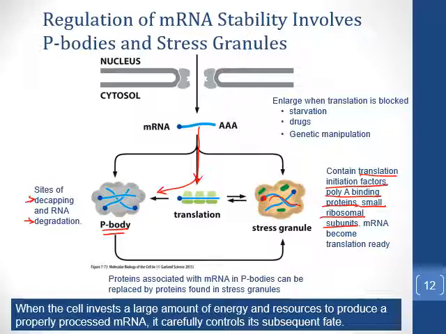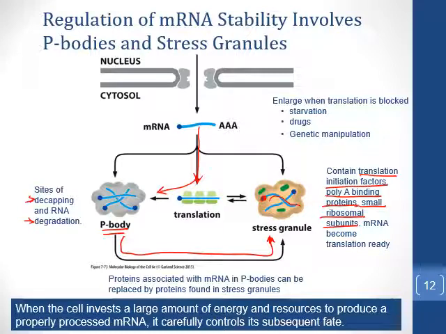Now it turns out that mRNAs that are in P bodies can be degraded, but they don't have to be degraded. As this bottom line shows, they can also, under certain conditions, be moved over here to stress granules. And obviously, if they're moved to stress granules, then they're going to become translation ready and they could be translated. So this is really kind of cool.